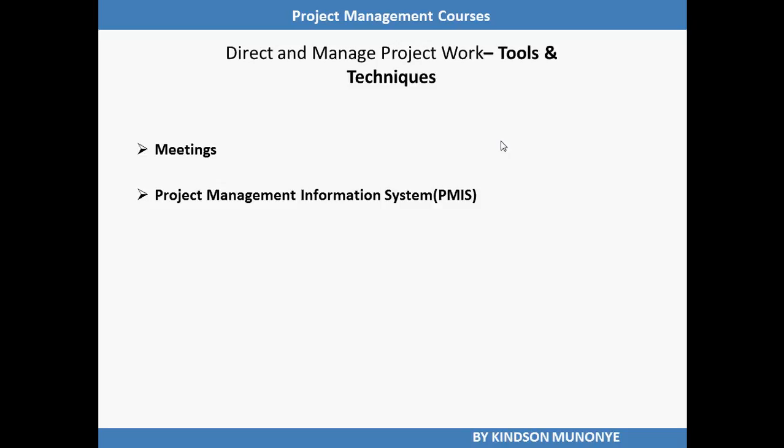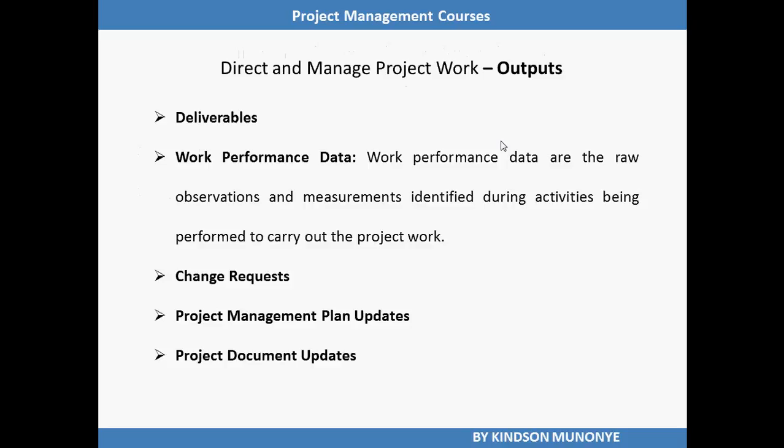Now, what are the outputs of direct and manage project work? The outputs of direct and manage project work is clear. One of them is deliverables. You provide or produce the deliverables, the project or the product of the project. What is a deliverable?